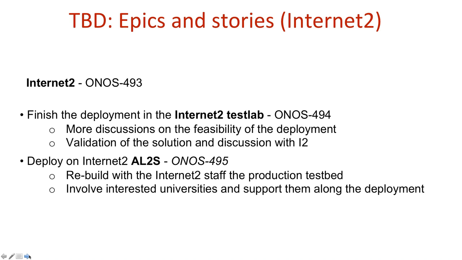Basically, it's divided into two big stories, which are the deployment on the local testbed and the official deployment, okay? And please go there and have a look at all the stories we have. You'll find for sure many more details inside of those, and detailed tasks. But basically it's what I described in the previous slide.